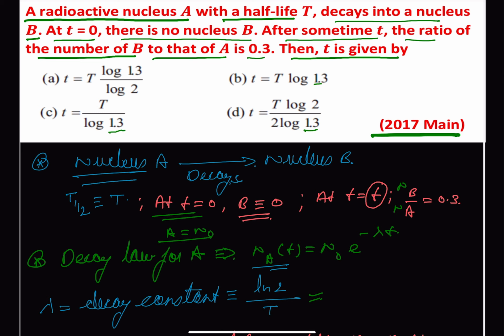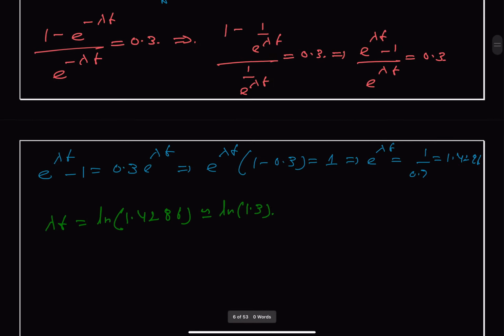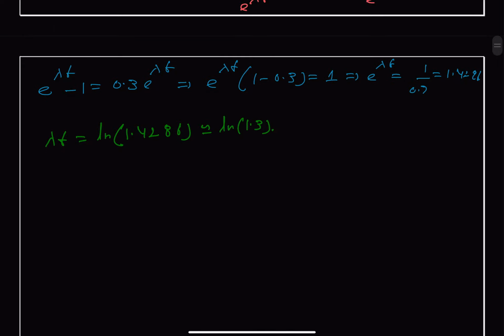Okay, so we can just approximate it, and this gives us that the value of t is equal to 1 upon lambda, and this comes as natural log of 1.3.